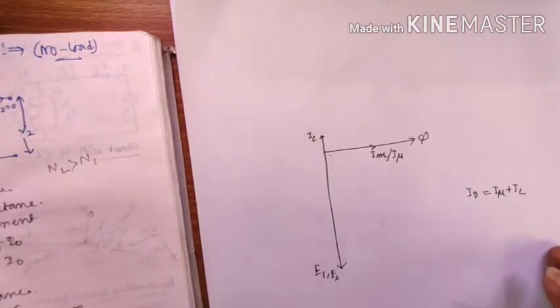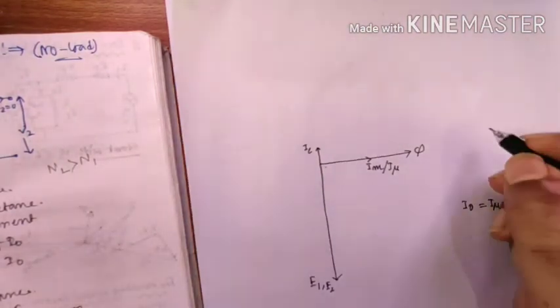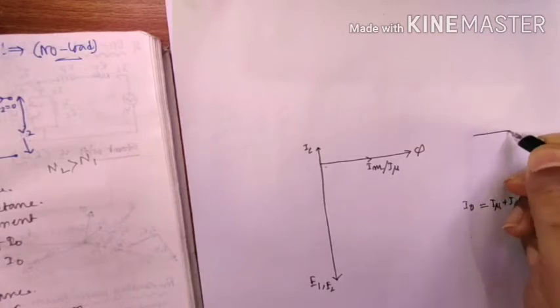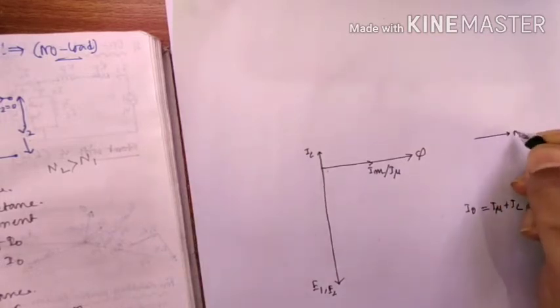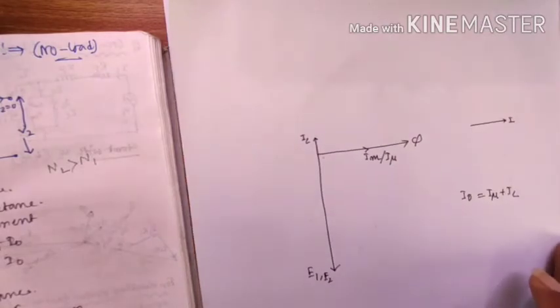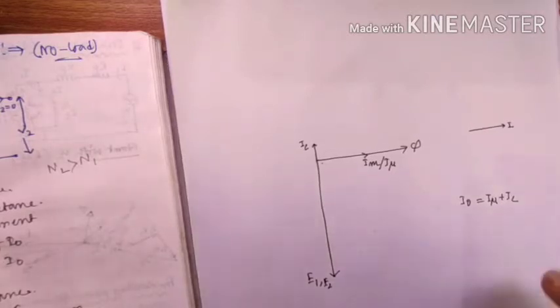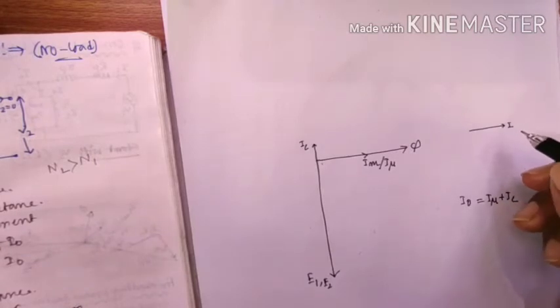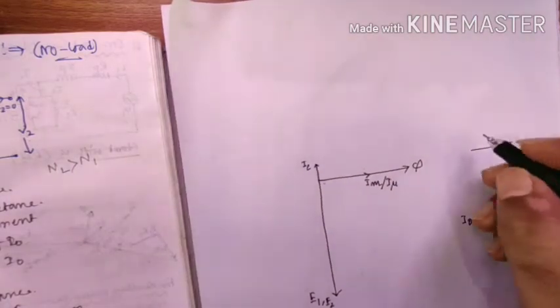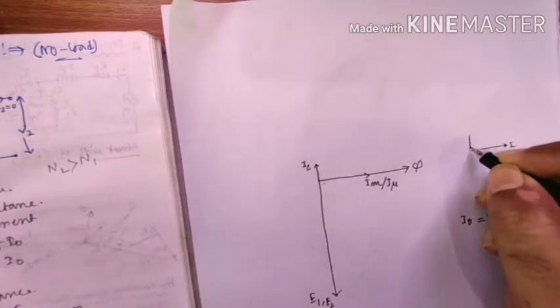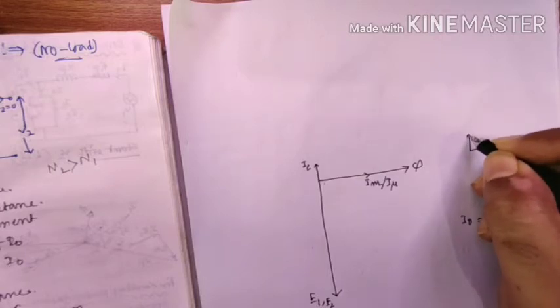So we can assume in this way, if this is the direction of current that flows through the inductor, and due to which it creates a voltage drop, then the vector of that voltage drop should be in this direction.